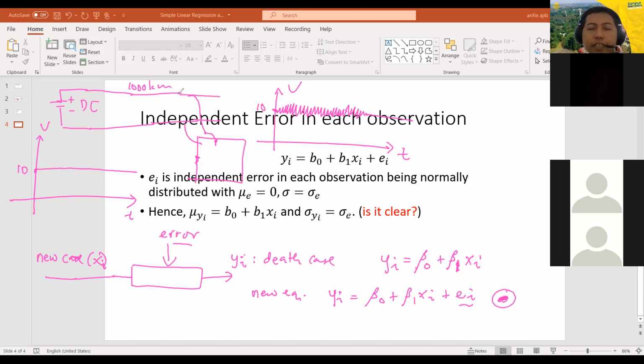Tetapi setelah dipropagasikan, ditransmisikan lewat kabel misalkan 1000 km, ini tidak lagi smooth, tapi ada ripple-nya. Make sense ya? Oke.